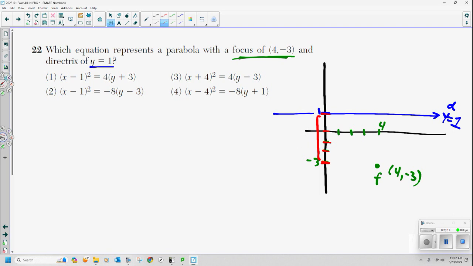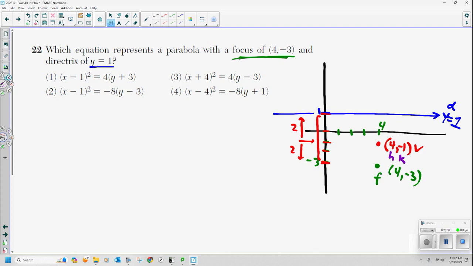So here's the middle, because I go up 2 and I go down 2. Okay? So my vertex is going to be at (4, -1). That's my vertex. That's the h and k when I come up with the equation, h and k.